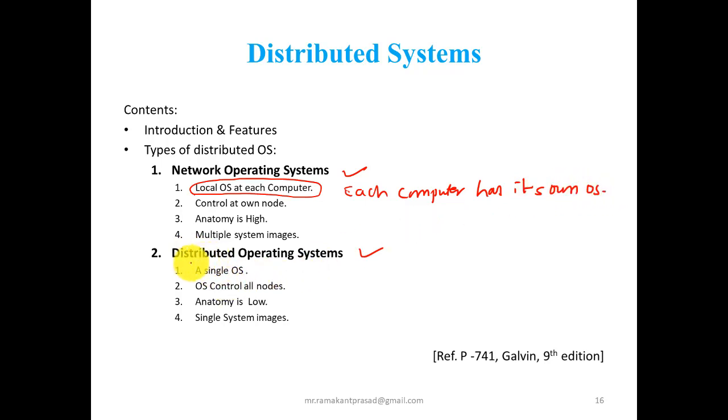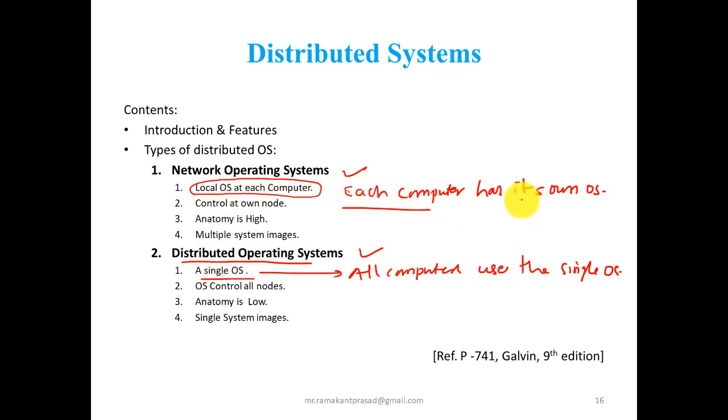But in a distributed operating system, a single operating system is used by all the computers. All the computers use the single OS, right? So this is the major difference between the network operating system and the distributed operating system: single OS versus multiple OS.